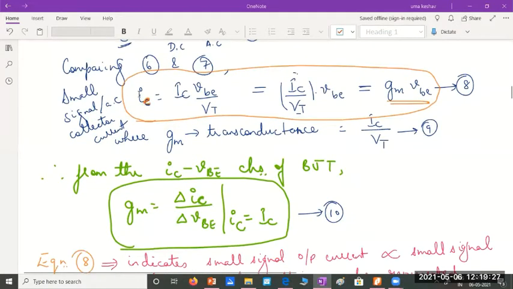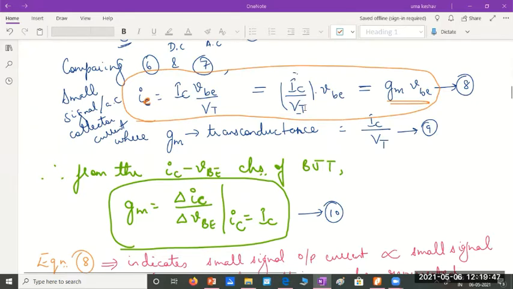Finally, we proved that small ic, the AC collector current or the small signal collector current, is equal to gm times vbe, where gm represents the transconductance, which is defined as IC by VT.